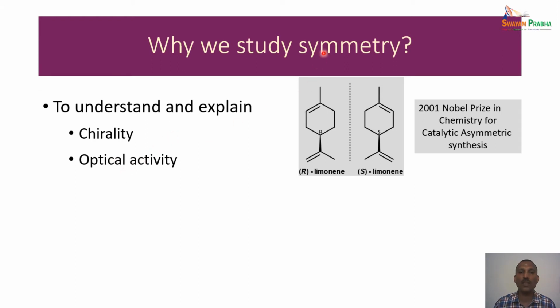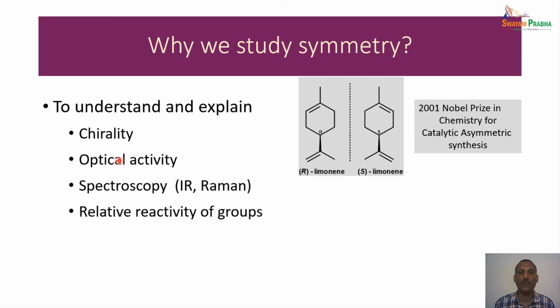Basically, if a molecule is highly symmetric, then it is going to be optically inactive. So there should be some amount of asymmetry or dissymmetry required in the molecule to show optical activity. And in spectroscopy also we can study how the symmetric stretching and bending are involved. And the relative reactivity of the groups can also be explained based on the symmetry elements.